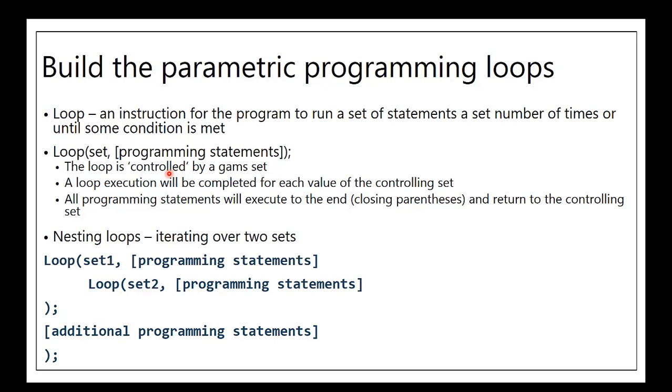So we call that the loop being controlled by the GAMS set. One loop execution, one set of these programming statements, will be completed for each value in that controlling set, and then all programming statements will execute to the end until it gets to the closing parentheses, and return to the controlling set.